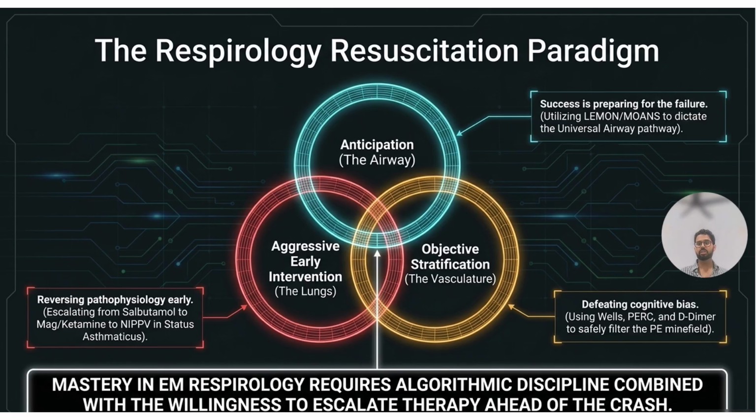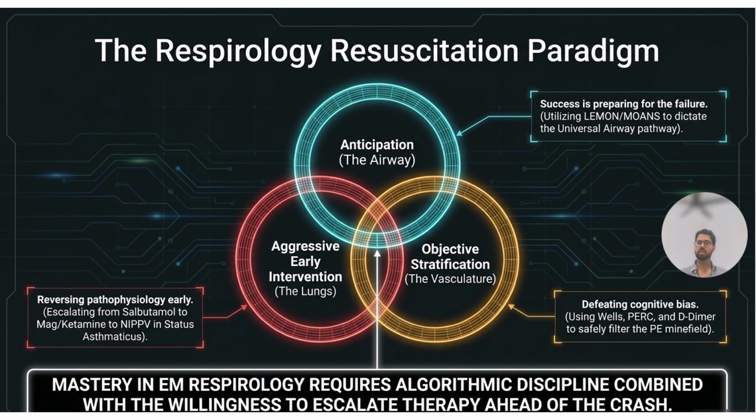And we also need to look at objective stratification. So we need to look at the vasculature, consider paradigms, clinical testing, like for a PE, to make sure that we're not excluding other possibilities that can be causing the actual symptomatology of the patient. When we're looking at anticipation, remember the LEMON acronyms that we looked at.